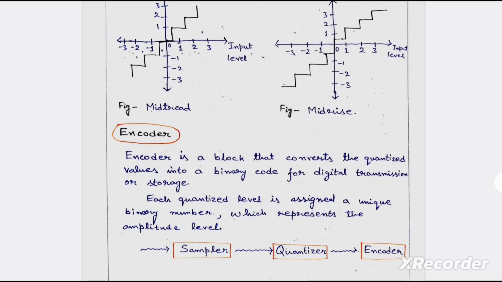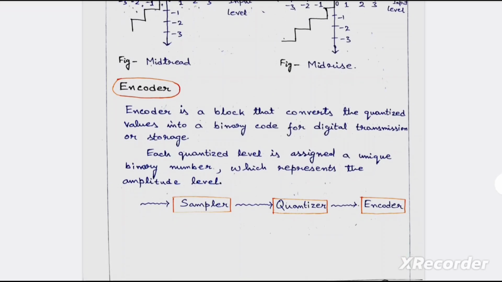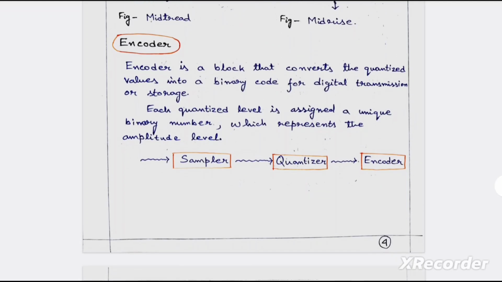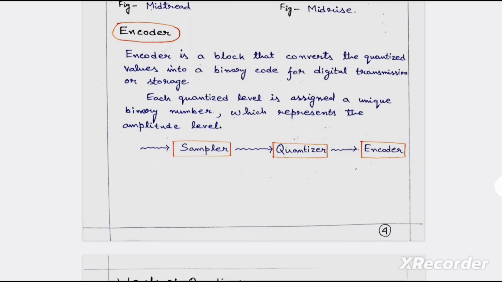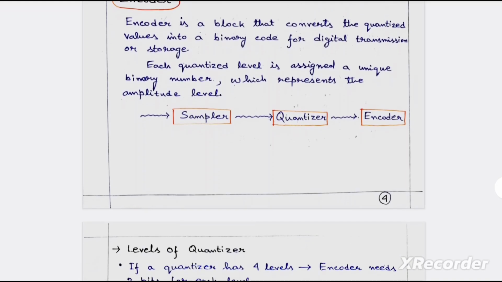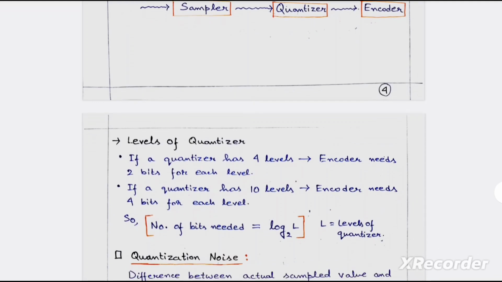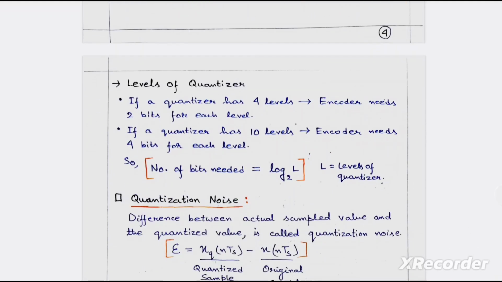So now let's see the encoder. The encoder is a block that converts the quantized values into a binary code for digital transmission or storage. Each quantized level is assigned a unique binary number which represents the amplitude level, like sampler to quantizer to encoder. Now see the levels of the quantizer.